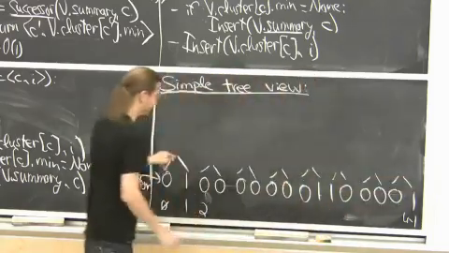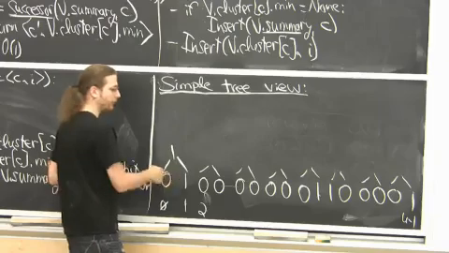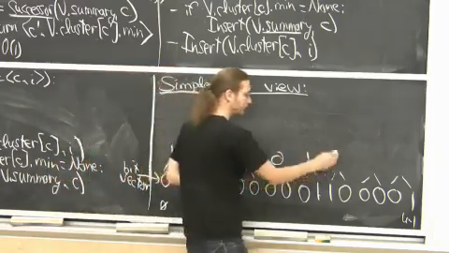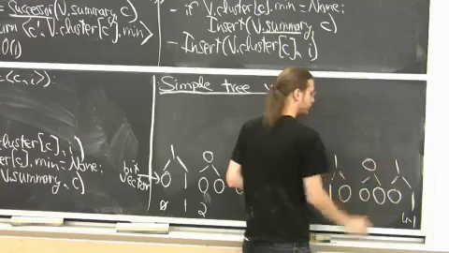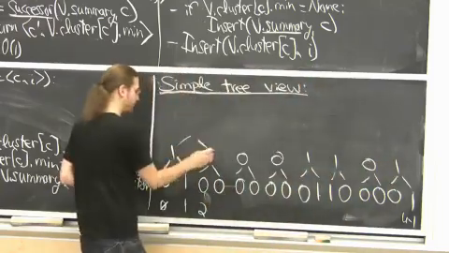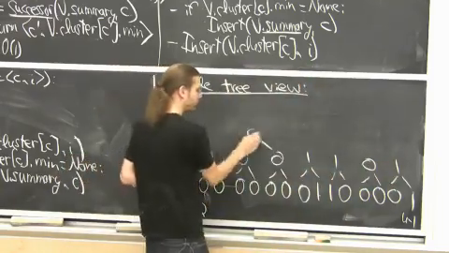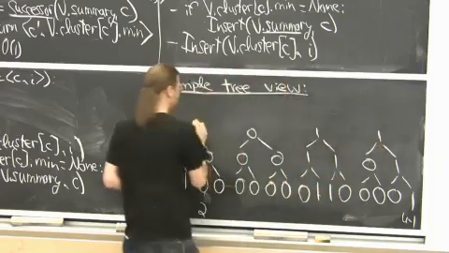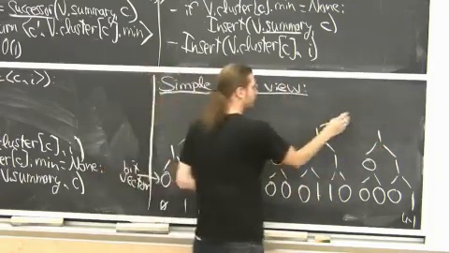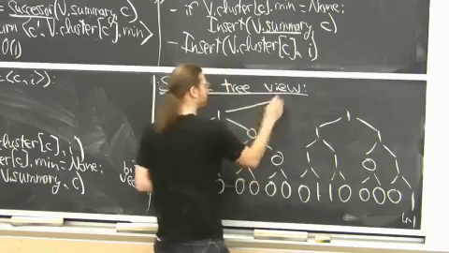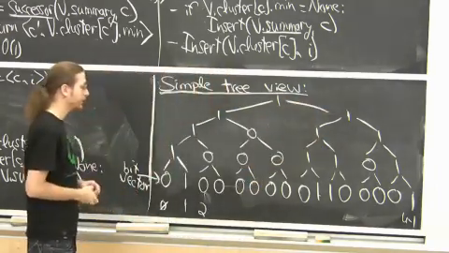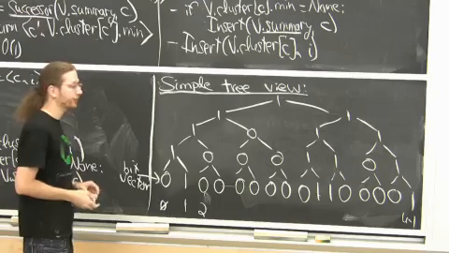And I'm going to put in here the OR of the 2 children. Every node will store the OR of its children. Okay, and then keep building the tree. Okay, now we have a binary tree with bits on the vertices.